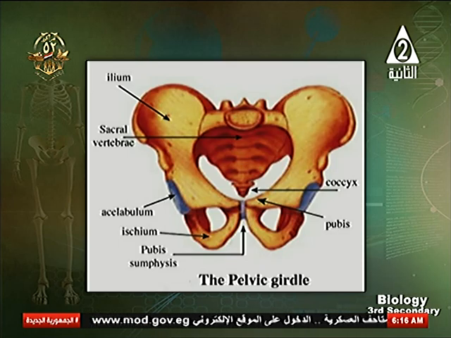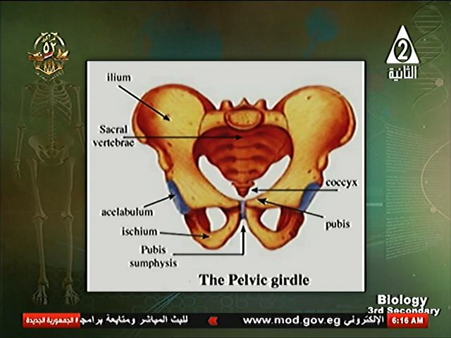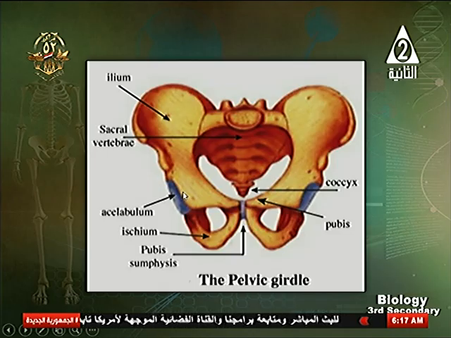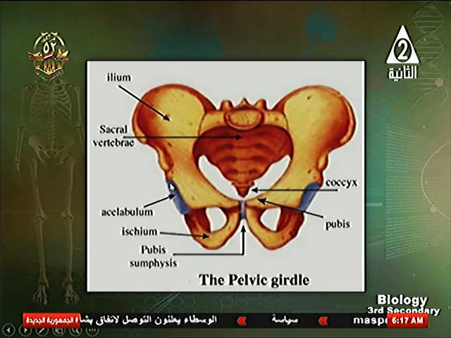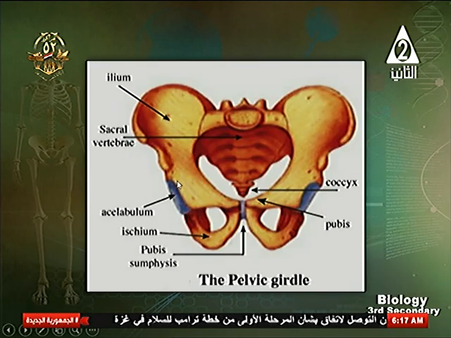Do you remember the glenoid cavity, in which the humerus head fits? This is also like it. The acetabulum cavity is formed at the point of connection between the ilium, ischium, and pubis. In the acetabulum cavity, the head of the femur fits, forming the hip joint.